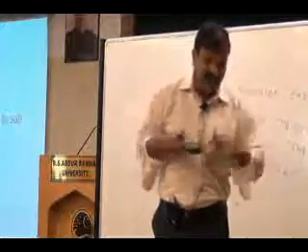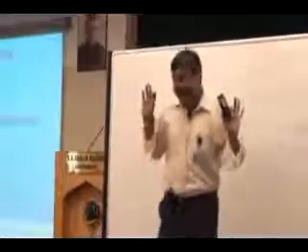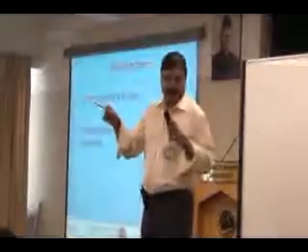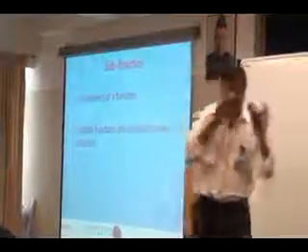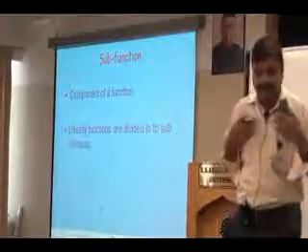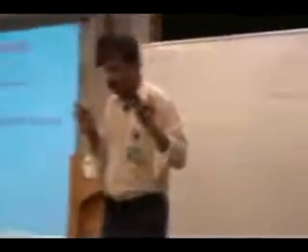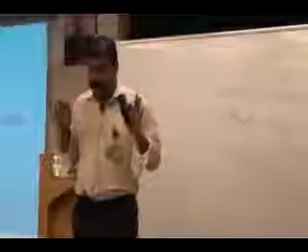Power will never increase. Unless I put in more effort, the power will not increase. If I pedal very fast, the power is increased. If I pedal very slow, the power is reduced. So the power is controlled by me in a bicycle. If you want more power in a bicycle, I have to slog more.